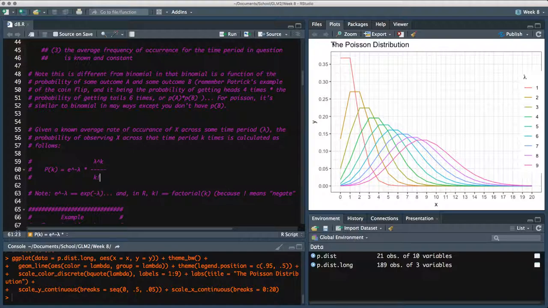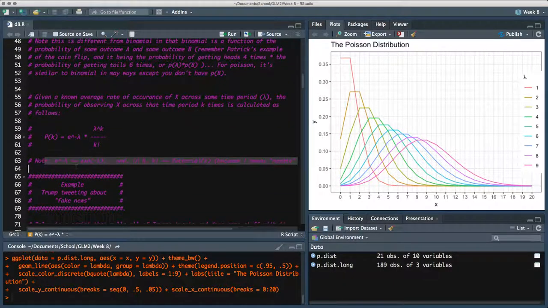So if lambda is 1 and you're looking at this first line, what's the probability of getting 2 letters in a day? Well, you would plug in all the information over here, k would be 2 and your lambda would be 1, and you would calculate all that out.